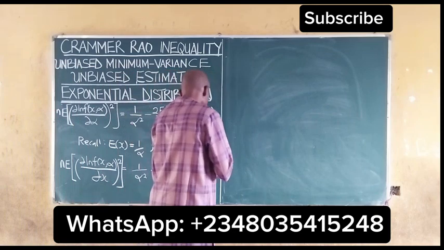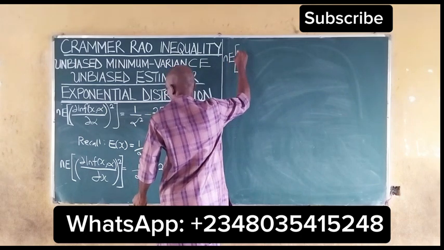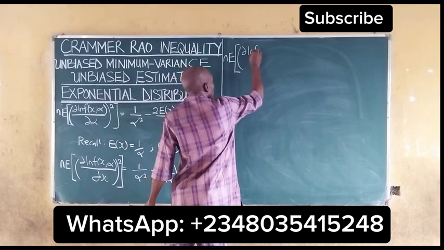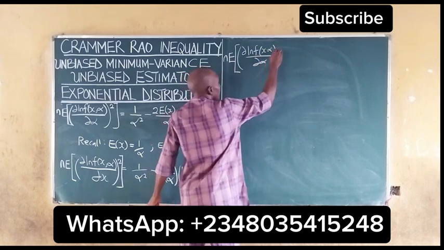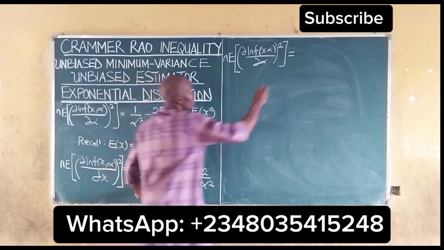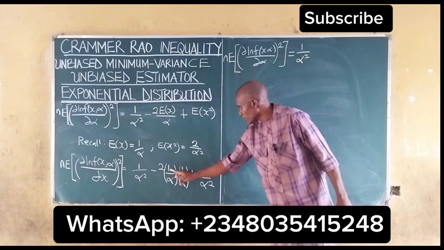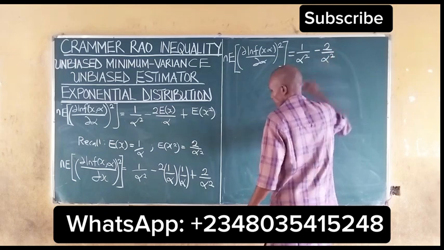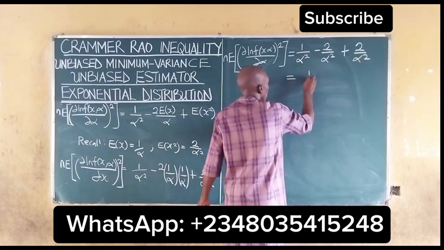So we can have it as the expectation of our differential log of the given function all over phi, squared, equal to 1 all over phi squared, and also minus 2 all over phi squared plus 2 all over phi squared, which is equal to 1 all over phi squared.